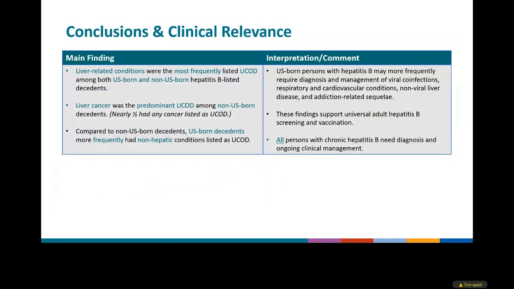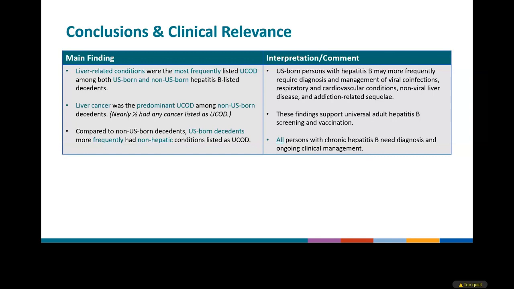Liver-related conditions were the most frequently listed underlying cause of death among both US-born and non-US-born hepatitis B listed decedents. Liver cancer was the predominant underlying cause of death among non-US-born decedents, and when you factor in non-liver malignancies, 50% of non-US-born persons with hepatitis B died of some kind of malignancy.